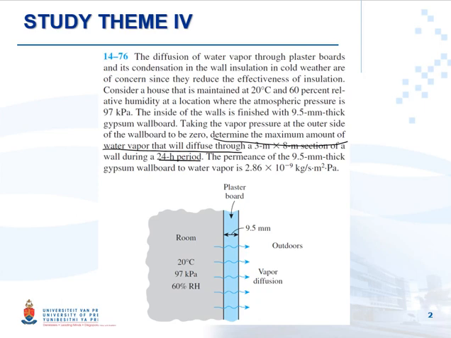So let's write down the correlation first. So m dot, again the same, we need to find m dot and after that multiply m dot by the time frame or delta t, which in this case is 1 day. We can find what the question is asking us.